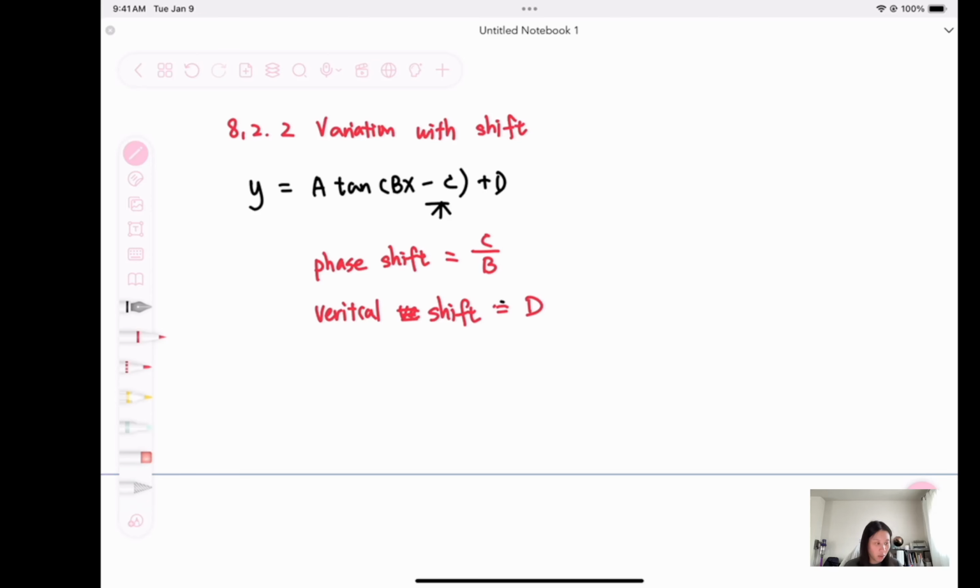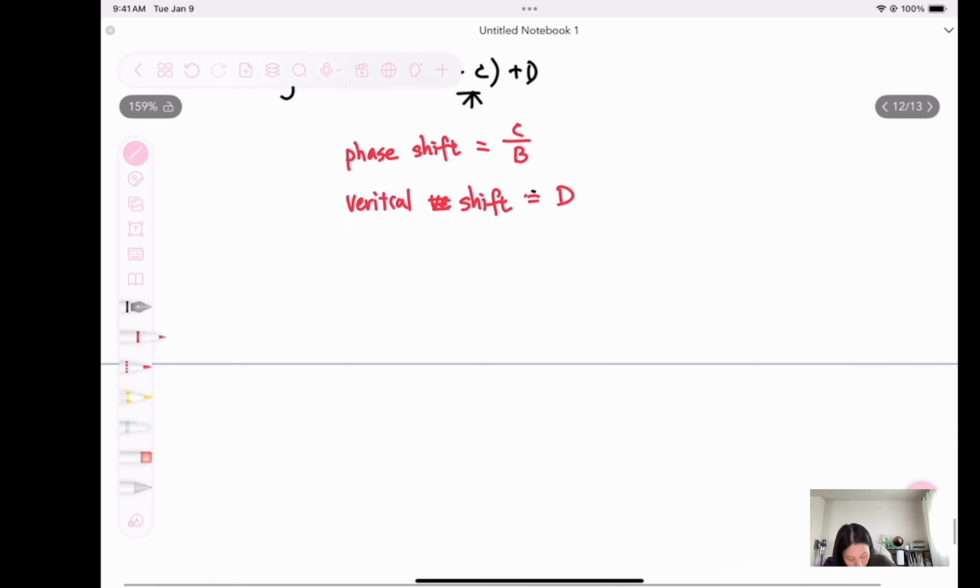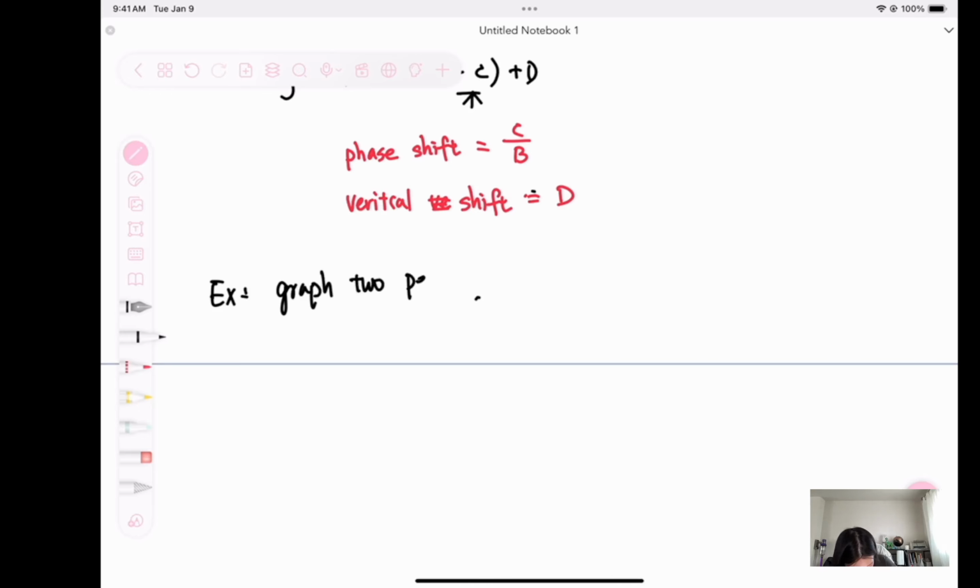Okay, now I want you to graph two periods of this function: y equals negative 2 tangent of (pi x plus pi) minus 1.